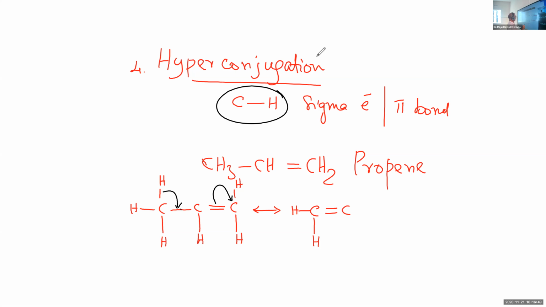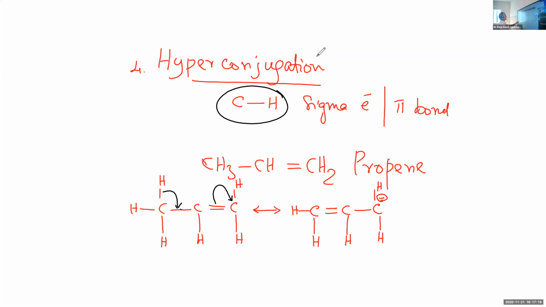Then here there is hydrogen, sigma bond hydrogen. The pi electron is going to the next carbon atom, so there is only one bond here. So here CH2, and since the electron is going to this one, there will be a negative charge on the carbon atom.